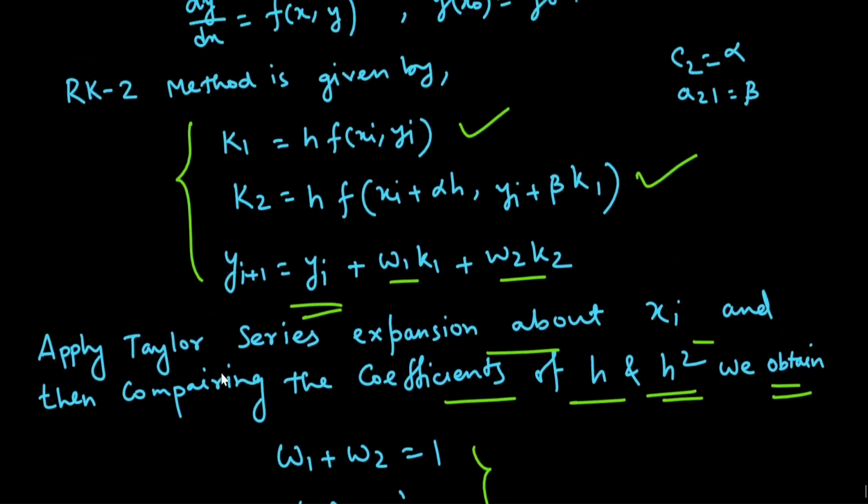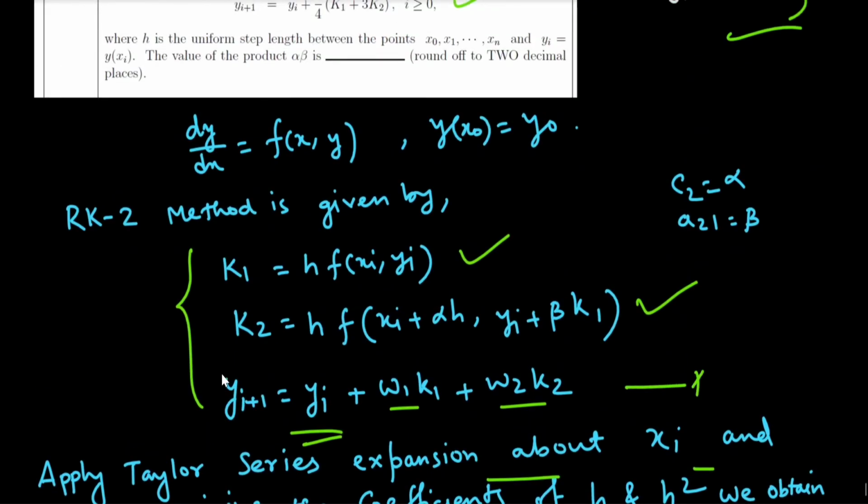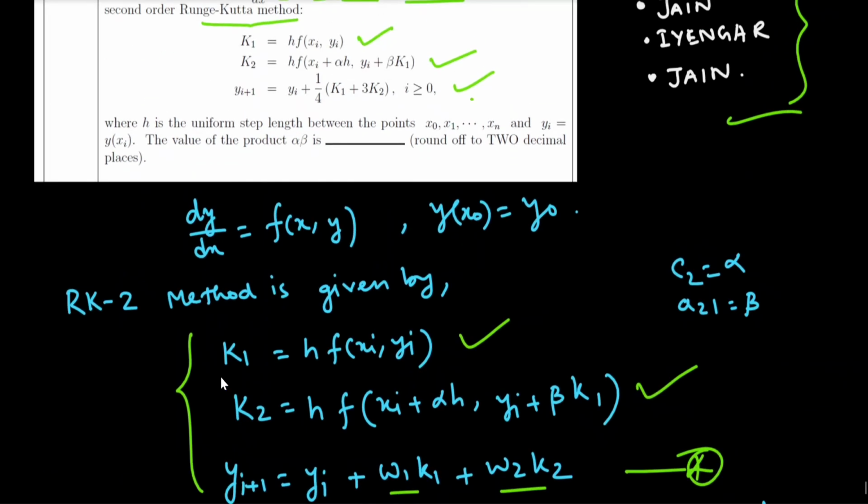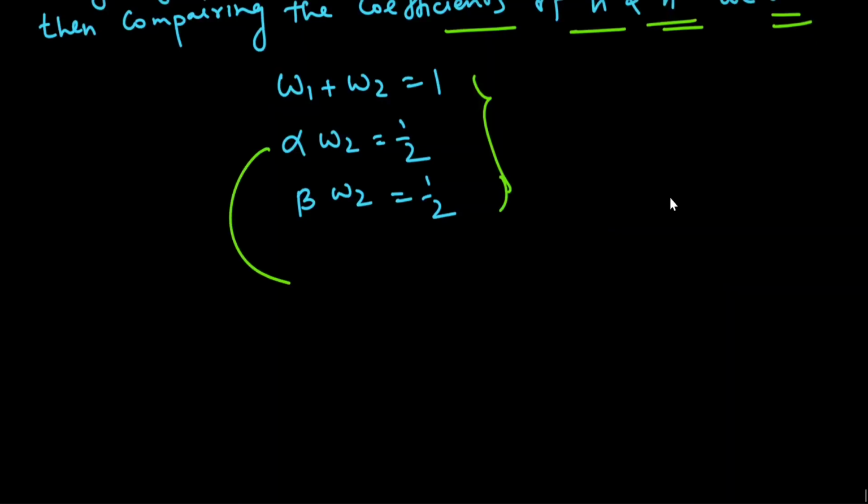Now comparing this star and the given iteration, this is w1 K1, so w1 equal to 1 by 4, and this is w2 K2, which gives w2 equal to 3 by 4.